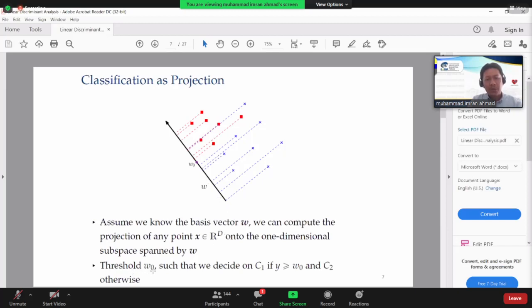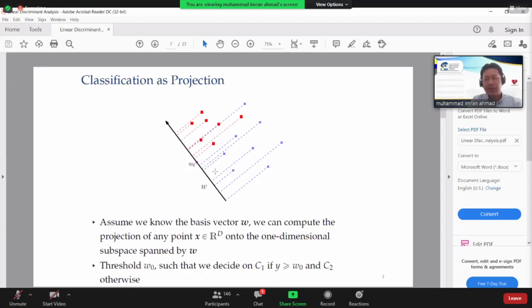Threshold W naught, such that we decide on C1, class 1, if Y is higher than W naught. So when your data is plotted here, we call it Y, the low dimensional feature space. If data is higher than this, that means our class is C2. If your data is less than W naught, which is in this region, then your class is C1.